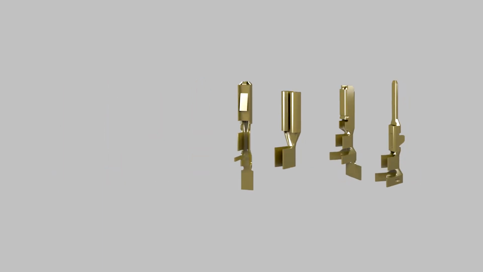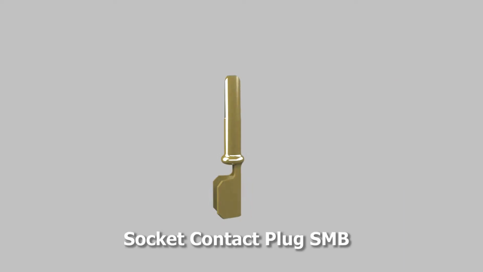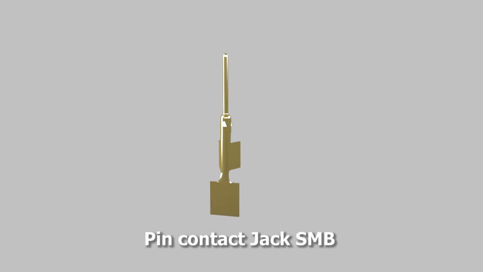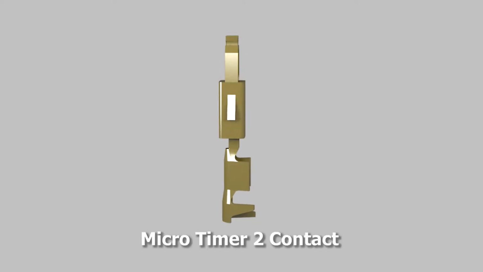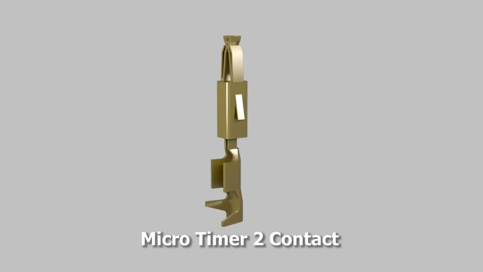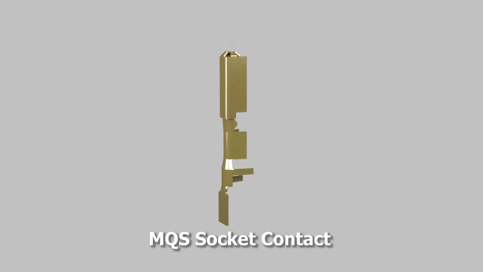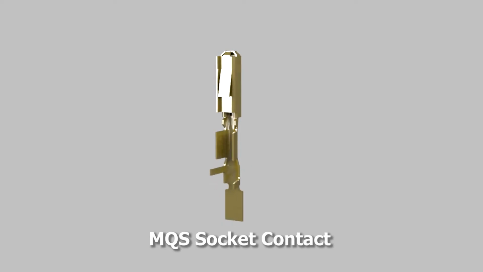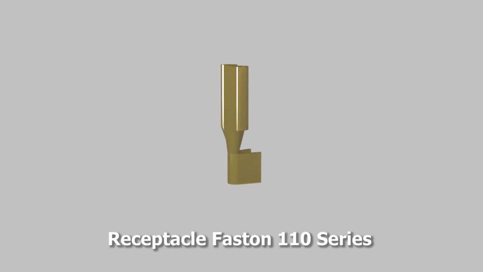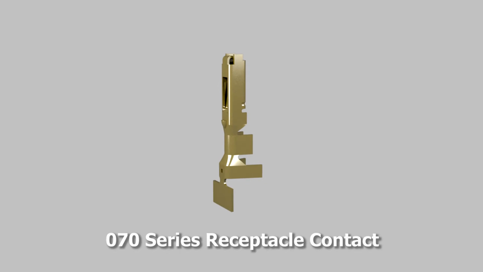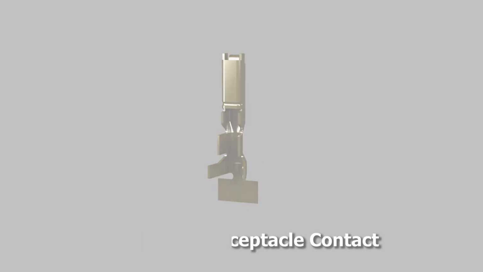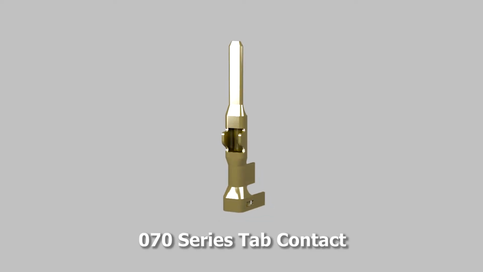Different terminal types that are used in the coax product are socket contact plug for surface mount board applications, pin contact jack for surface mount board applications, tab 1.6 by 0.6 type A, micro timer 2 contact, MQS socket contact, receptacle fasten 110 series, .070 series receptacle contact, .070 series tab contact.